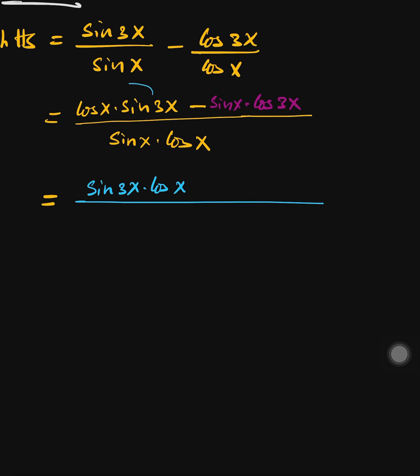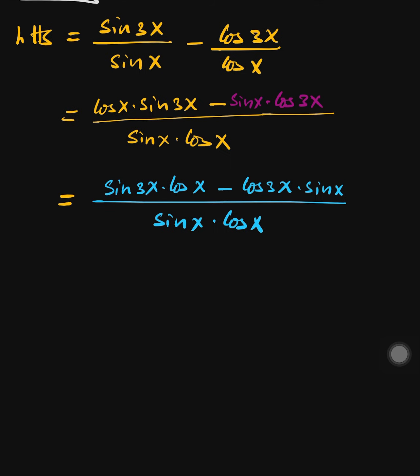I'm just reversing the order of the expression, and then a minus, and then cos of 3x multiplied by sine of x. The same thing here, I'm reversing the expression. Why am I doing that? Because the denominator is going to be sine of x times cos of x.